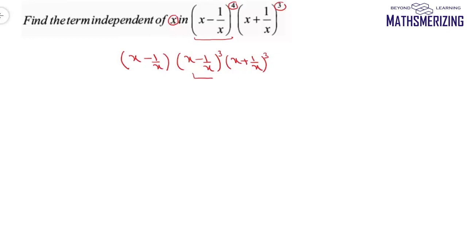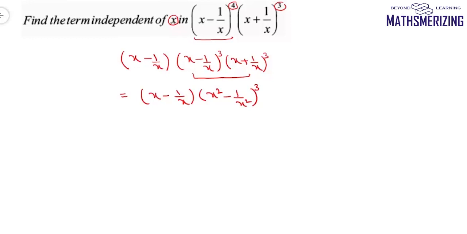So now I'll multiply them. So this is (a plus b) into (a minus b). So I can write it as (x minus 1 upon x), and here I'll write (x square minus 1 upon x square) to the power 3.